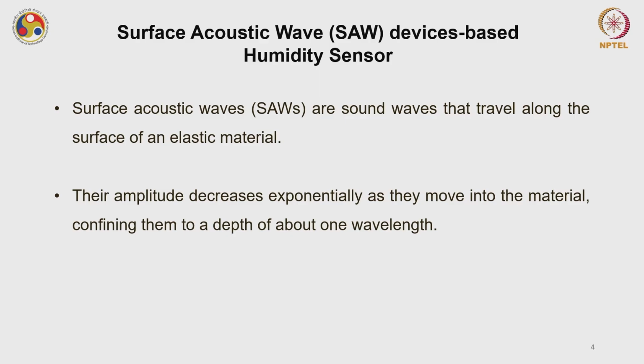As the name suggests, it is a surface wave, so it can penetrate a maximum of about one wavelength of the propagating wave. The amplitude of the SAW decreases exponentially as it moves into the material, confining it to a depth of about one wavelength. These waves are also known as Rayleigh waves.